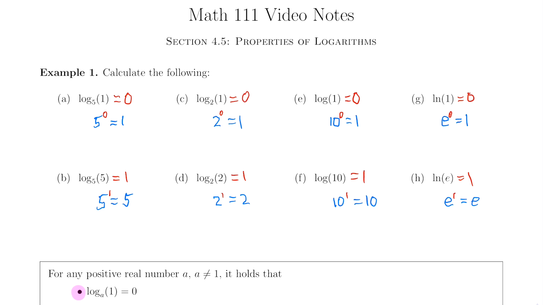If the base and the number in the parentheses are both the same, then our answer is 1. It all comes back to the exponential function, to our exponents, and our logarithm being the inverse of those gives us exactly the same answers that we know already from our exponential explorations.